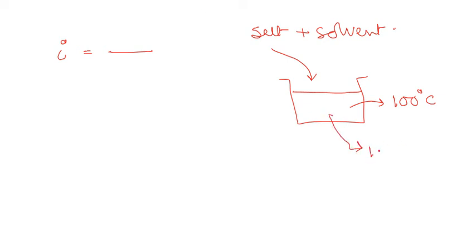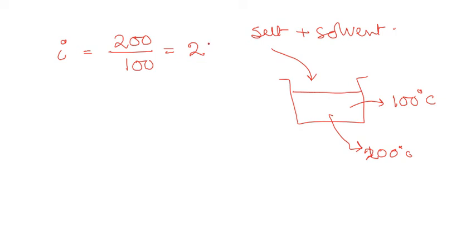So let's say it boiled at 200 degrees Celsius. By comparing these values, it was supposed to boil at 100 degrees Celsius, but it boiled at 200 degrees Celsius. So in that case, the Vant Hoff factor i would be equal to 2.